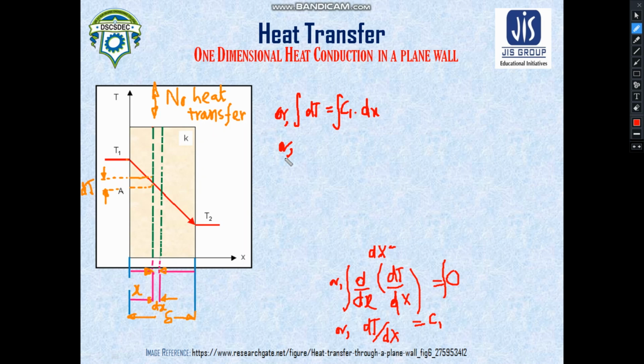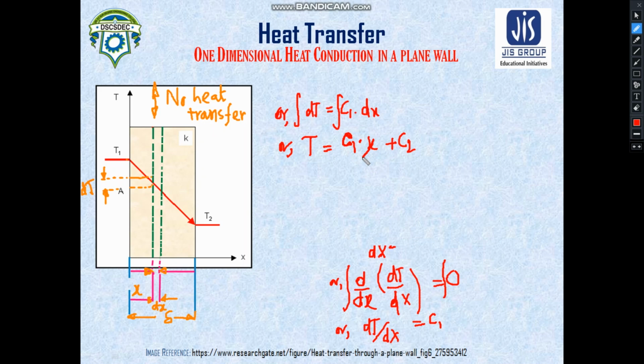We will apply the boundary conditions and then we will find the temperature distribution within this certain space. So it will be C1 into x. It is a very simple integration, you know these things very well. So after the integration, the result becomes T equals C1x plus C2.